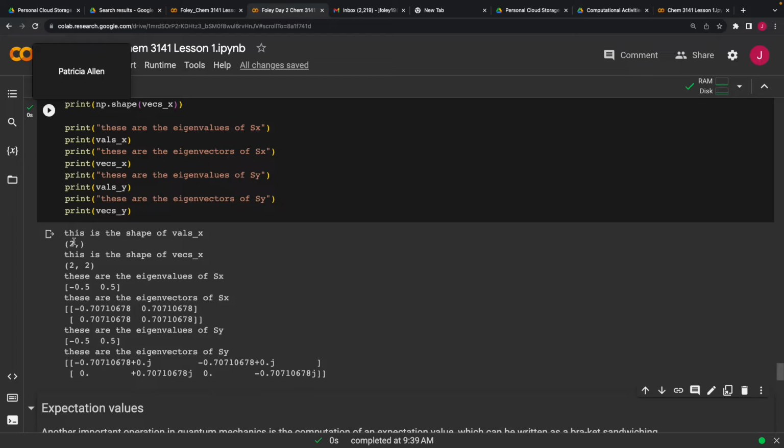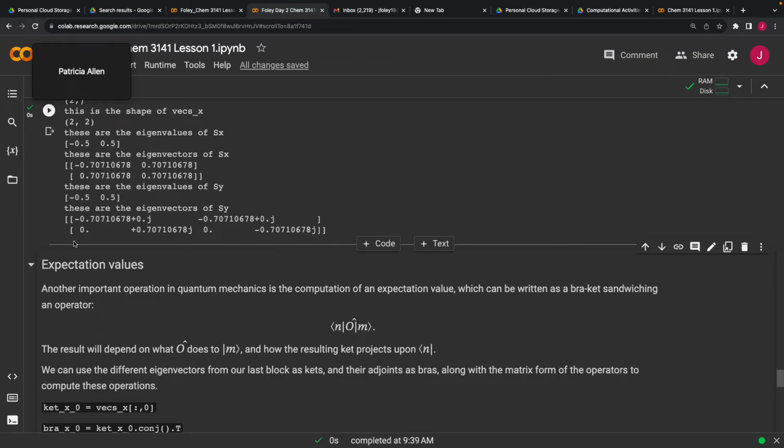So if I wanted to represent this chi beta, it is minus square root of 1/2 along alpha. So it's like down here, and plus square root of 1/2 along beta, which is over here, right?